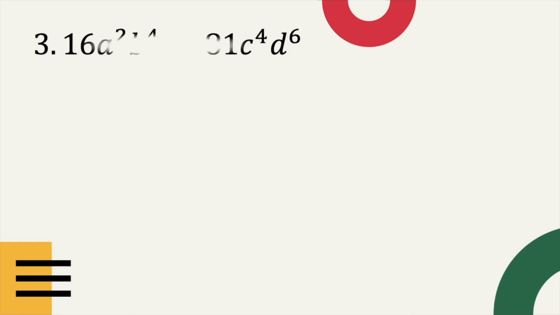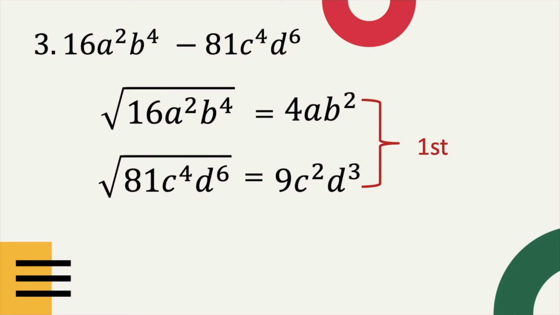Now let's have the third example. 16a squared b raised to 4 minus 81c raised to 4 d raised to 6. What do you think is the principal square root of 16a squared b raised to 4? How about the principal square root of 81c raised to 4 d raised to 6? Yes, the principal square roots are 4ab squared and 9c squared d cubed.